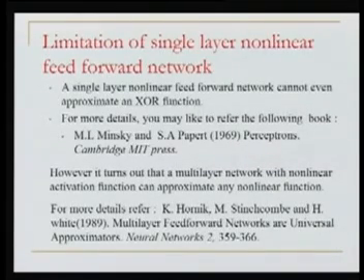However, later the researchers found that if we increase the complexity of the network in terms of the number of layers, that is, we do not only consider a single layer network but 2 layer, 3 layer, 4 layer, that is a multi-layer network, then such a feed forward network can approximate any nonlinear function.